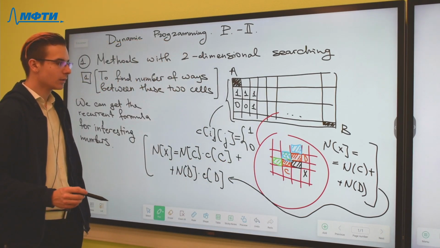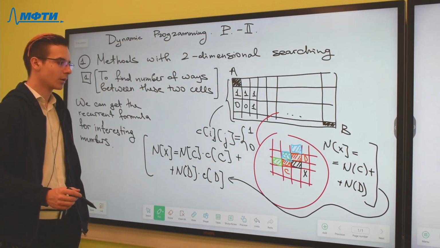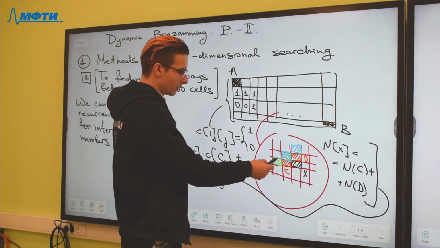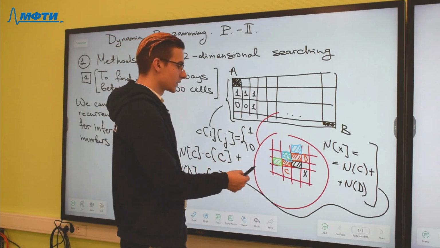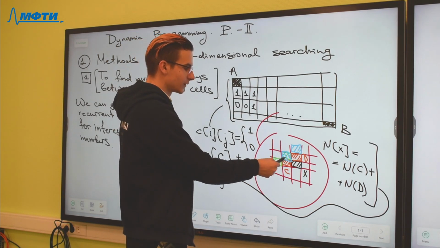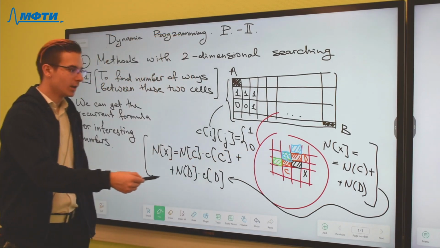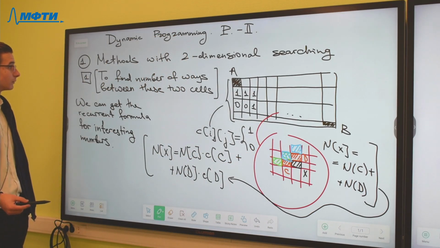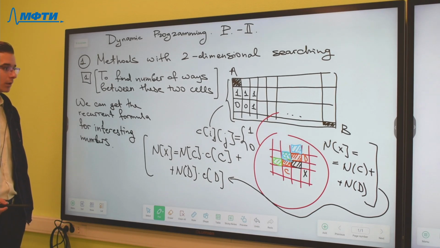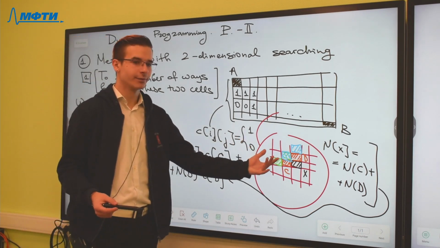So if we use the recursive formula, we compute ways from A to this cell many times, and then we can use memoization to reduce the complexity of these recursive computations.